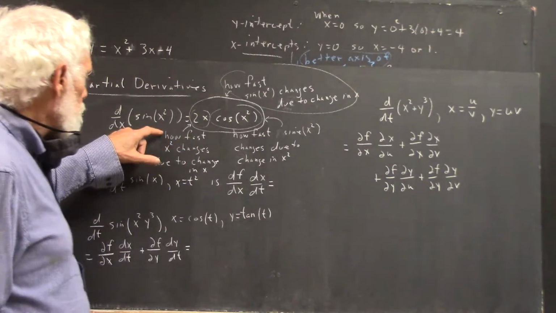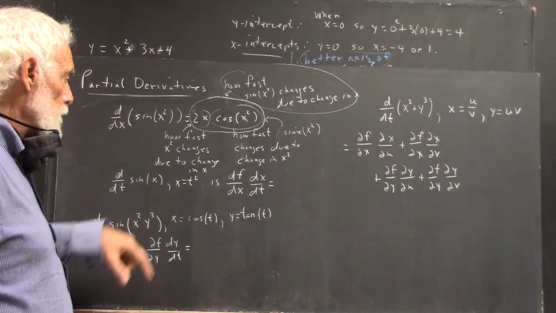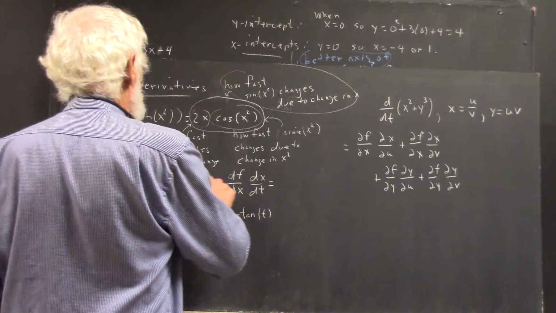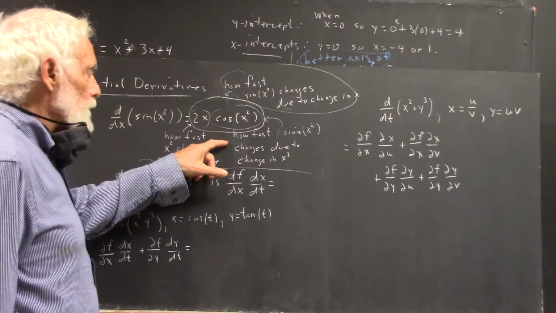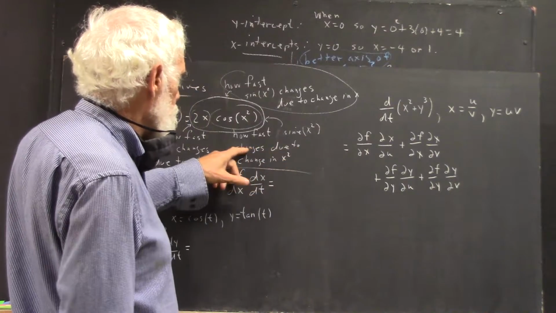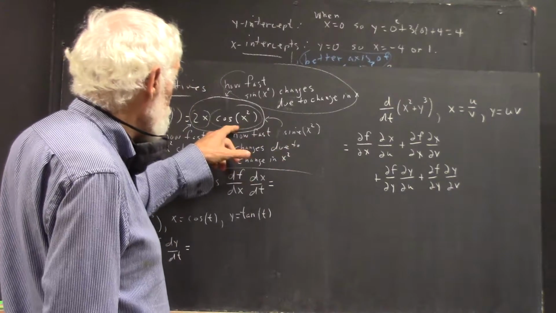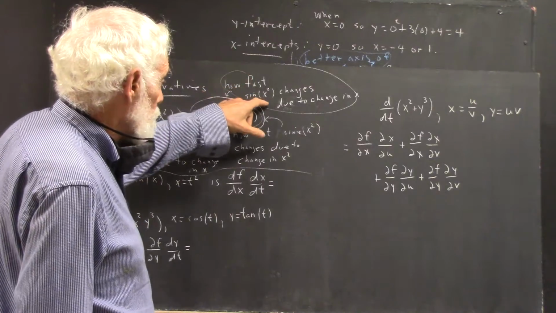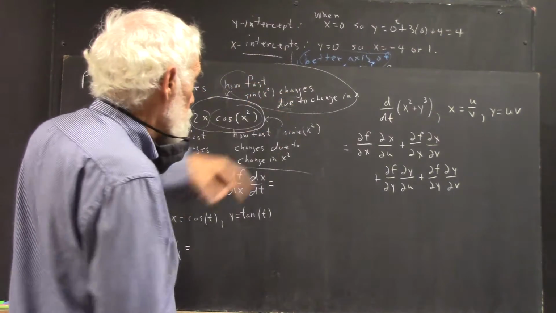If you multiply how fast x squared changes due to a change in x by how fast sine of x squared changes due to a change in x squared, you get how fast the sine of x squared changes due to a change in x.